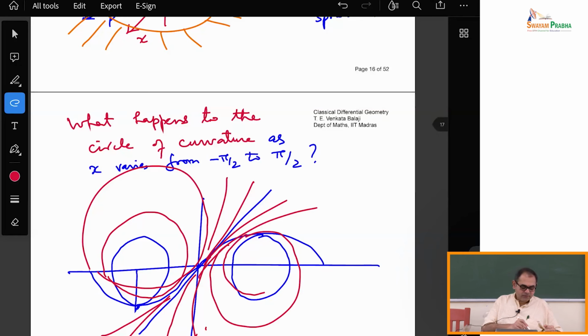So it's going to look like this. So basically these circles, starting at minus pi by 2, become larger as you go, they degenerate to this line, and then they flip over to the other side, and again shrink. So this is what is happening.